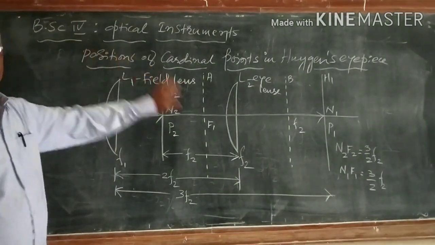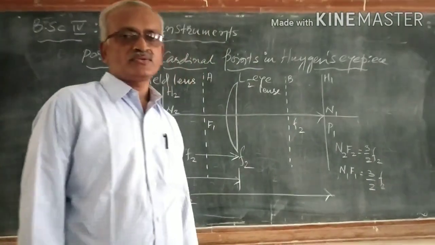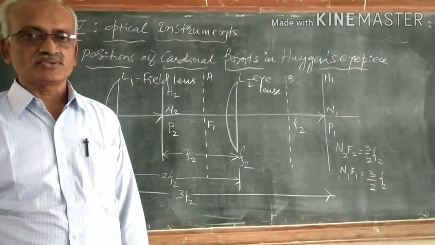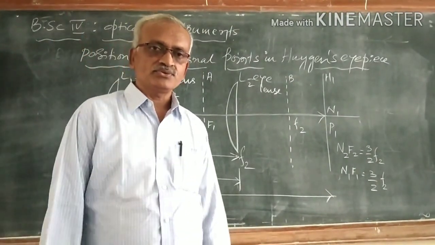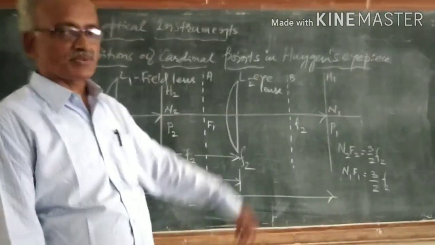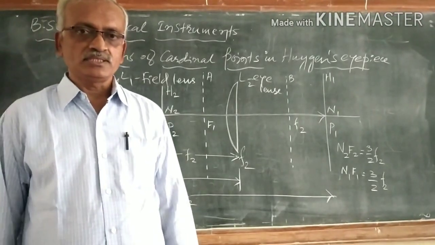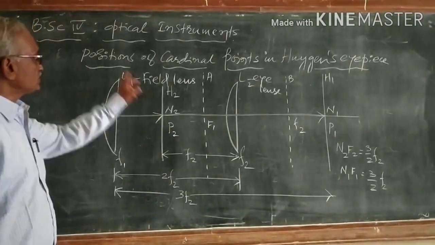It is a continuation of the eyepiece. Just now I explained what I mean by the Huygens eyepiece, and we knew the different terms: what is D, F1, F2, and what is the distance between the two lenses. In previous equations we already studied how to minimize the aberration. And this is the second figure.